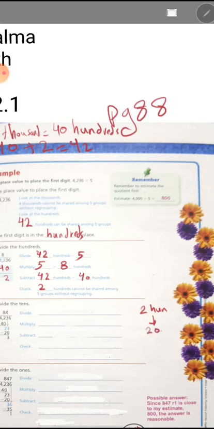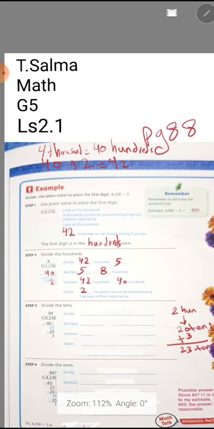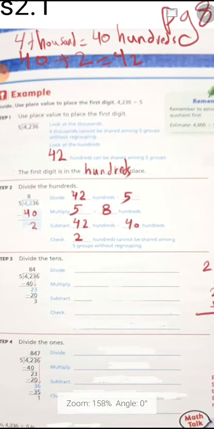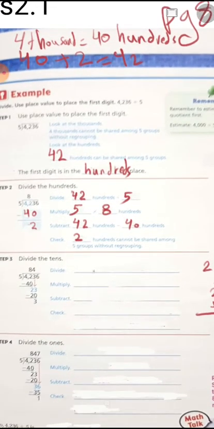It will be 20 tens, right? And if you add 3 tens to this 20 tens, the answer will be 23 tens. Okay? So the number will be 23 tens.